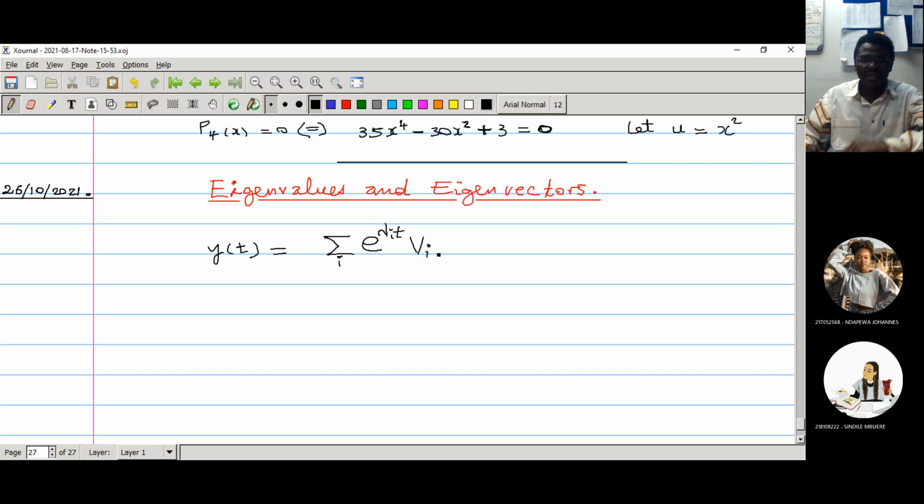Roughly speaking, the solution will be something of this form, if you have a scalar equation.